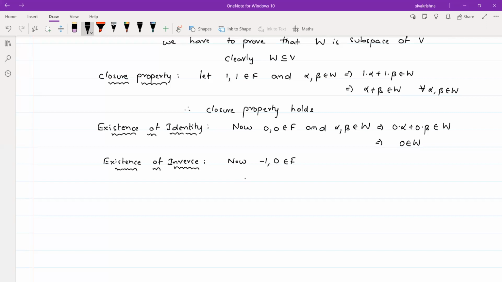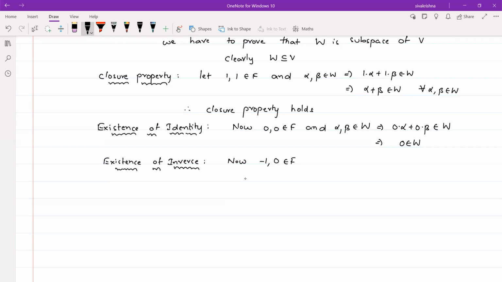So abelian group with respect to addition means it should satisfy the identity property, inverse property, all these conditions. The identity property is nothing but 0 belongs to F, so I have used 0 two times in the second condition. Similarly, -1: whenever 1 belongs to F, then the additive inverse of 1, which is -1, should also belong to F. Otherwise, the inverse property does not hold in F, and then F is not a field. But you are saying that F is a field, so the inverse property clearly holds in F. So I am writing -1 belongs to F, and also 0 belongs to F.